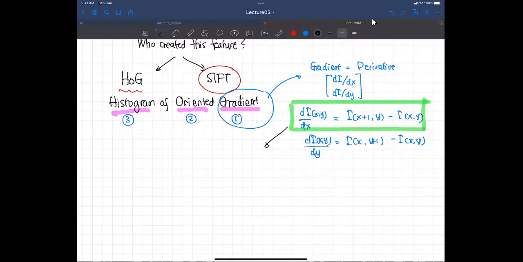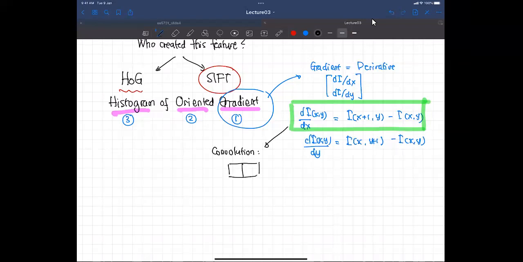But if you use a convolution operation, what mask do you have to use? How do you define your mask then? What is the dimensionality of your mask? 1 by 2, exactly, 1 by 2.